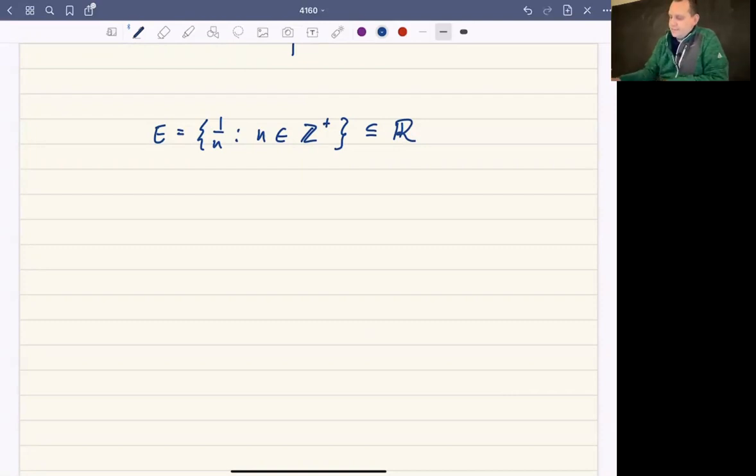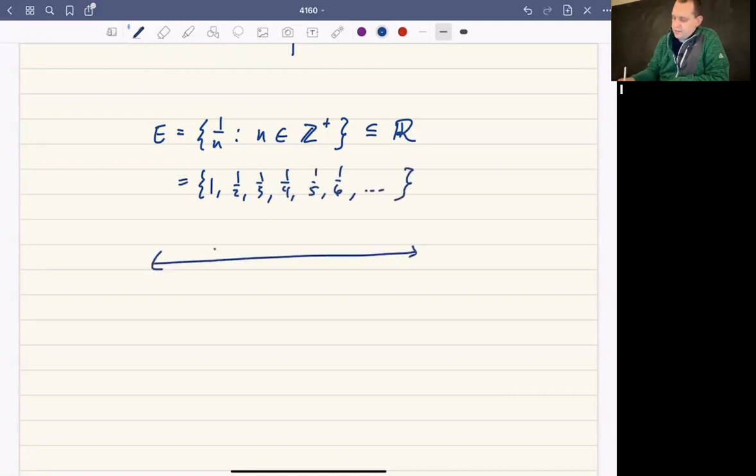That's fine. And so this is going to be the set 1, 1/2, 1/3, 1/4, and so on. If you were to graph this, all these points are in the interval from 0 to 1. You'd end up with 1, 1/2, 1/3, 1/4, 1/5, and so on.